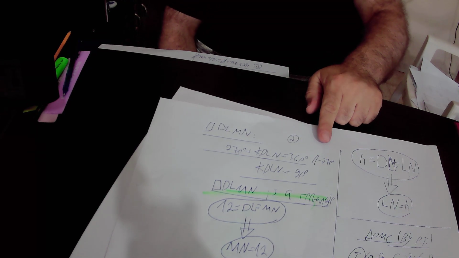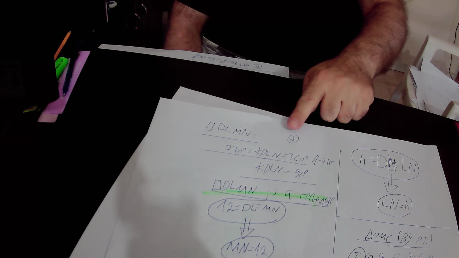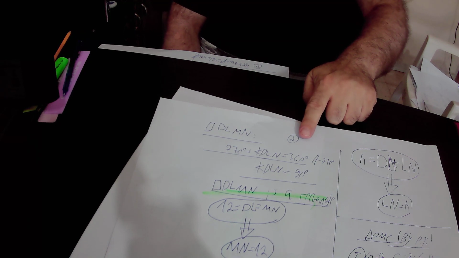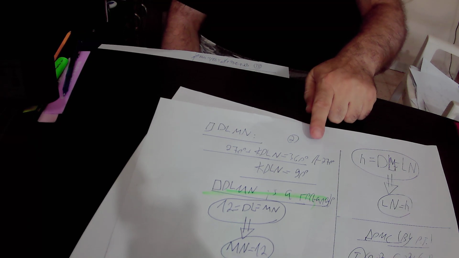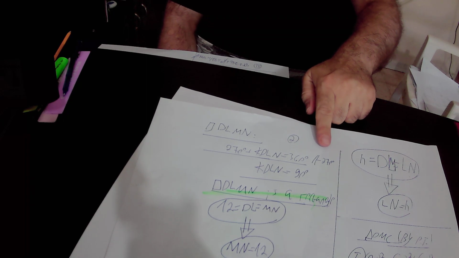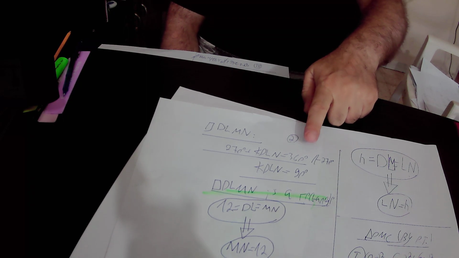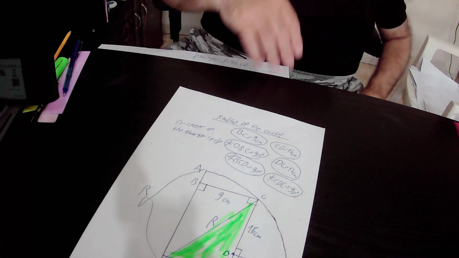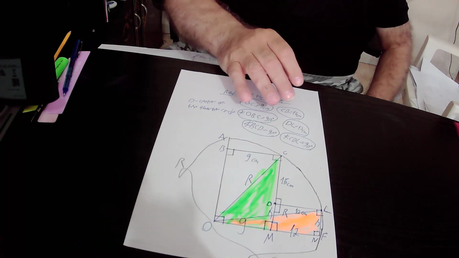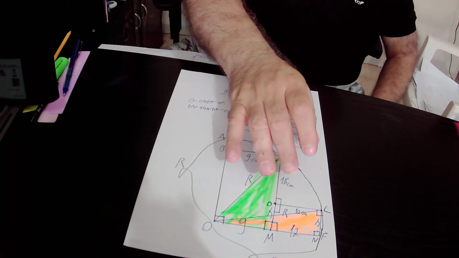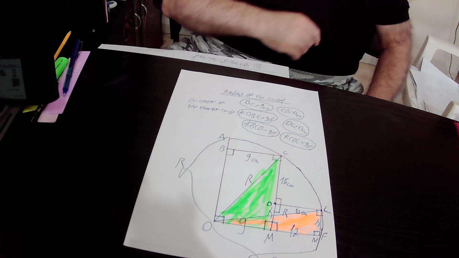Subtracting 270 degrees, the missing angle DLN equals 360 minus 270, which is 90 degrees. So the fourth angle is a right angle, and inside quadrilateral DLMN we have four right angles.